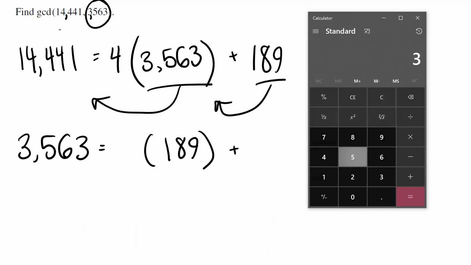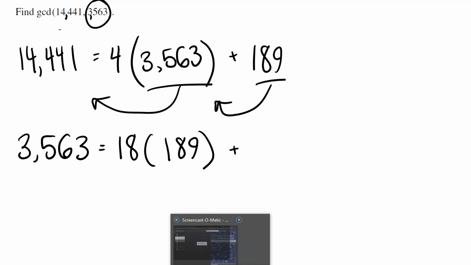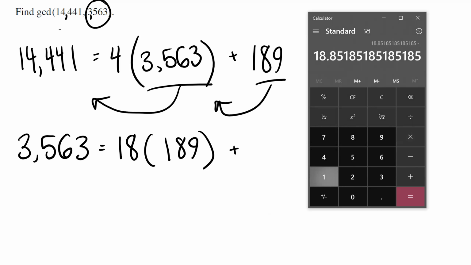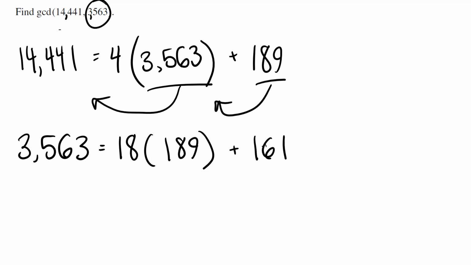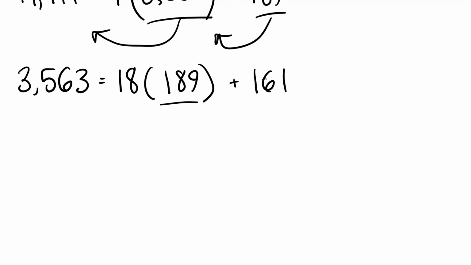All right, 3563 divided by 189. Okay, so 18 times, and then if we minus the 18, and then we times it by 189, that gives us our remainder, 161. All right, rotate.